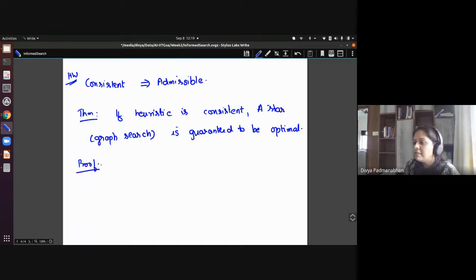So let's see why this is true. The first claim is about any path you take. This is a graph, and you're going all the way until you find a goal node. Suppose you're starting from some state n, and there is an entire path that is traversed, maybe n1, n2, and so on, till you finally hit the goal.